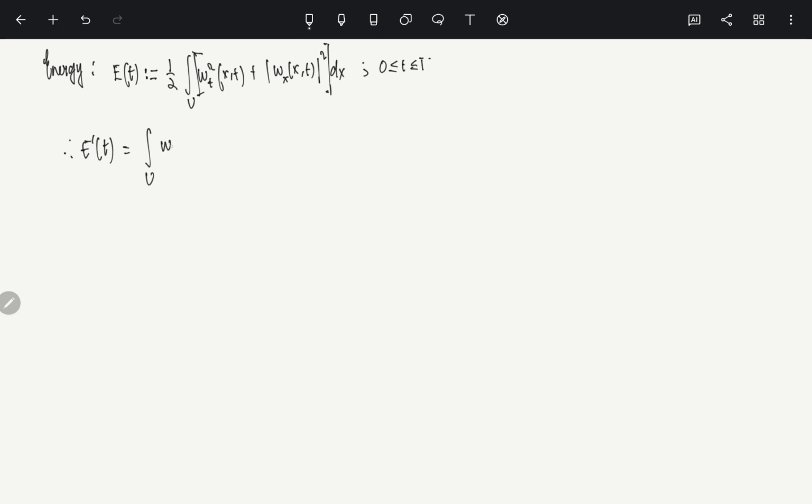So this becomes w_t times w_tt plus w_x times w_xt, dx. I am just taking the derivative with respect to t. That 2 part will go out, so the 2 and the 1/2 get cancelled. That's why we are not writing it.